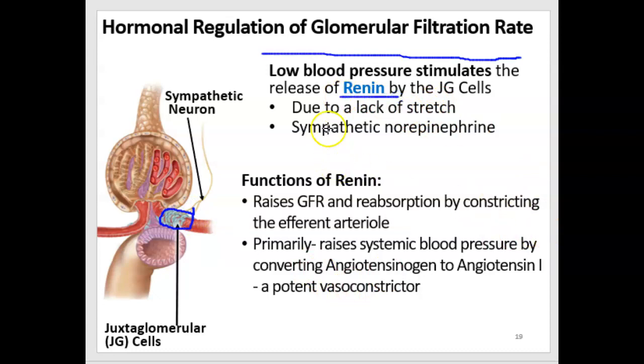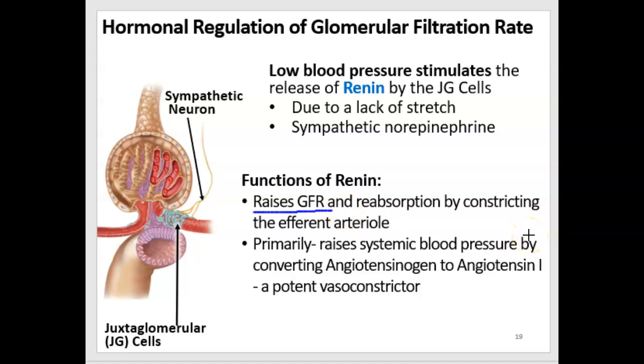The low blood pressure causes them to release renin because they're not being stretched. The other thing is the sympathetic nervous system also causes them to release renin. But the important thing is these cells make renin when blood pressure is low. So when blood pressure is low and renin is produced, this is ultimately going to increase glomerular filtration rate, which is the opposite of what we just saw, right?